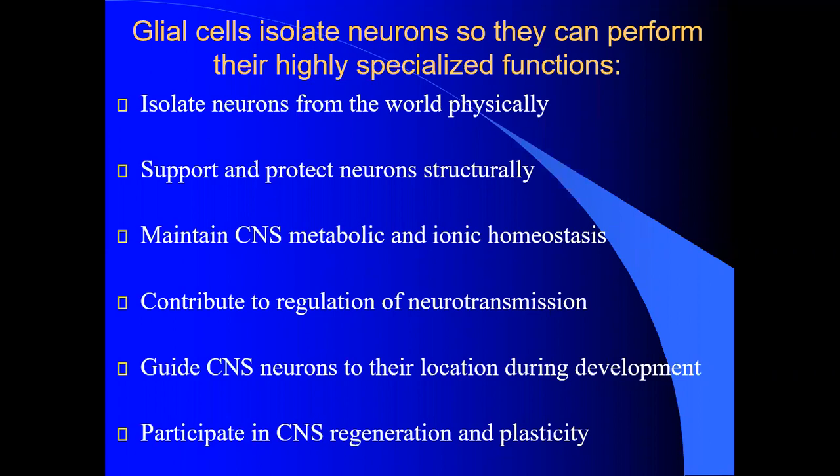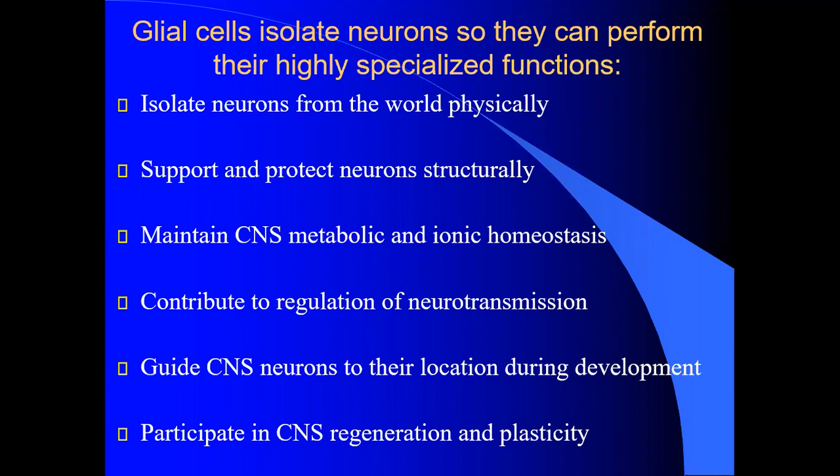The glial cells maintain the metabolic and ionic environment in which the neuron can function. And the neuron is not capable of maintaining its own homeostasis. It's simply not capable of doing that, and is completely dependent on the astrocyte or oligos for this.